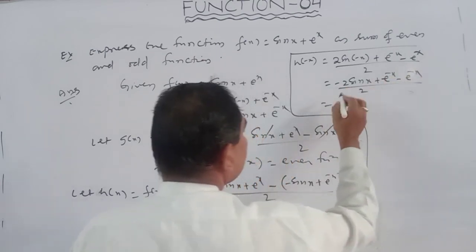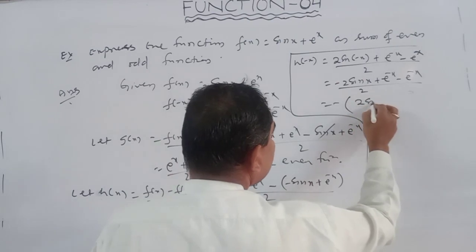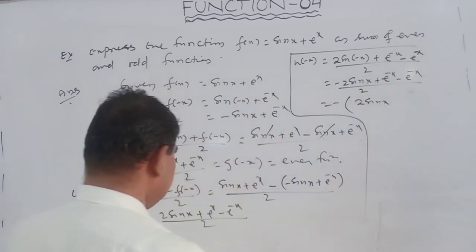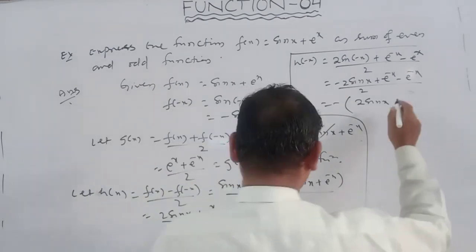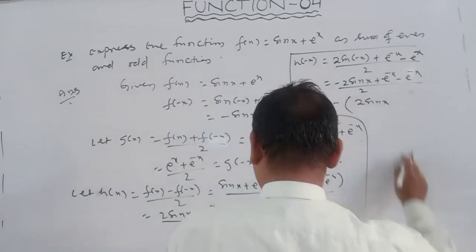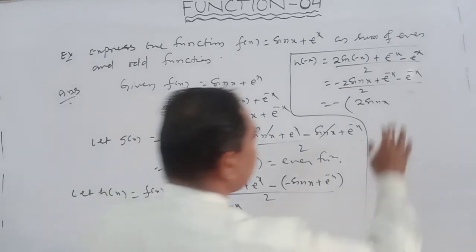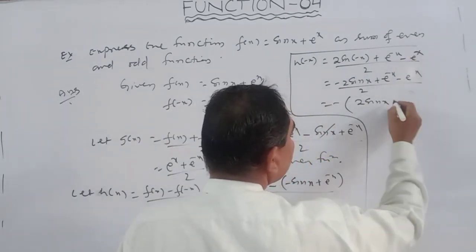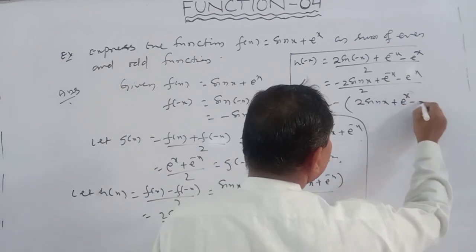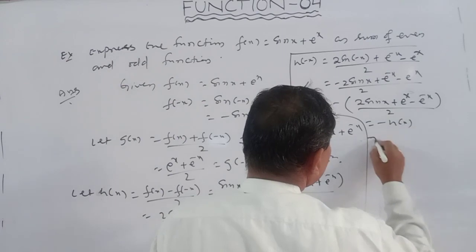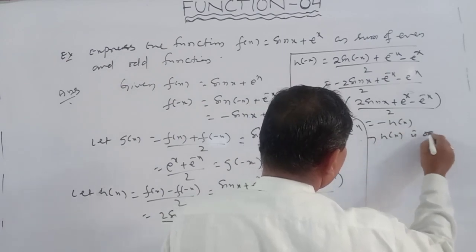So taking minus as common, 2 sin x, this is minus 2 sin x plus e to power x minus e to power minus x divided by 2 is equal to minus h of x. This implies h of x is odd.